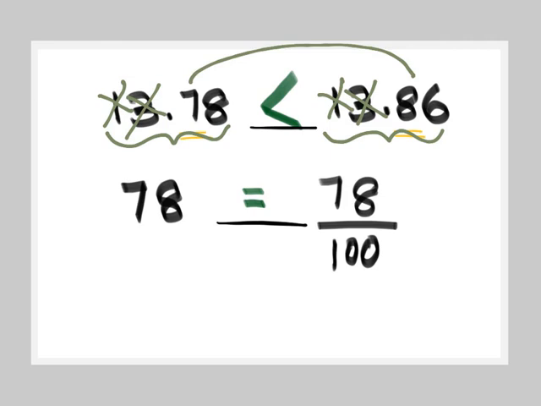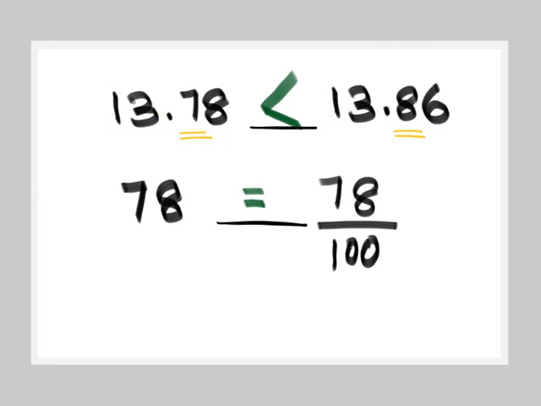So 7 is less than 8. That is how we come to a point that this number is less than the other number. So when it is less than the other number, the pointed end of the symbol should face towards the smaller value, and the open side should point to the bigger number.